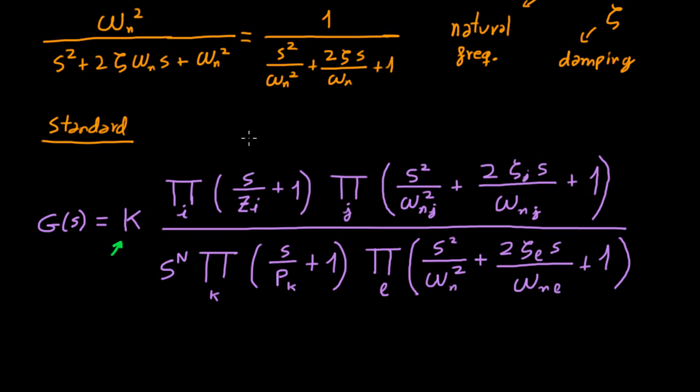And here the product of all the real zeros of the system. Here the product of all the terms corresponding to all the complex zeros of the system, the terms corresponding to all the real poles of the system, and the terms corresponding to all the complex conjugate poles of the system.